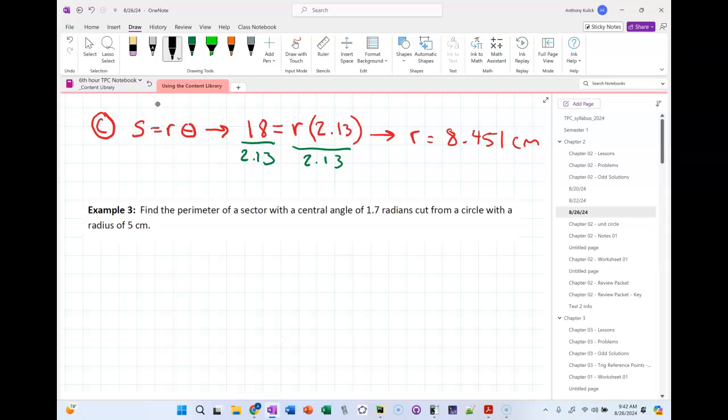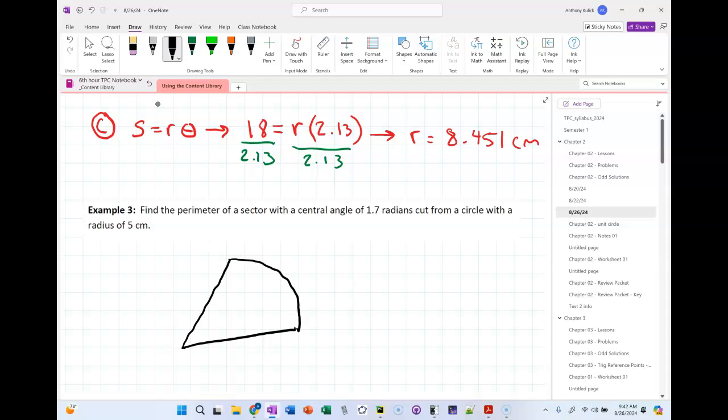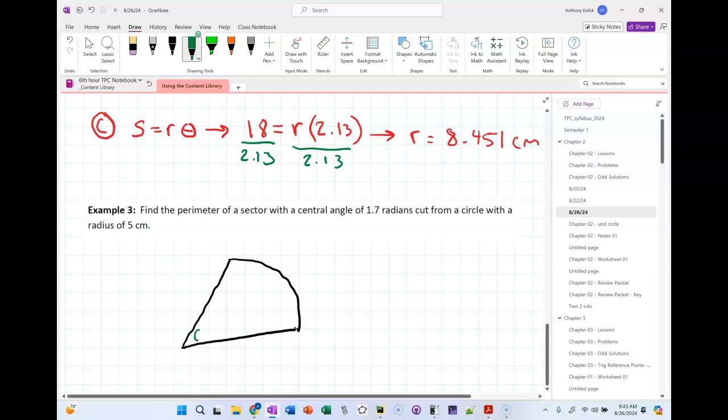So if I draw this picture, that's like my sector, right? This angle right here is my central angle.